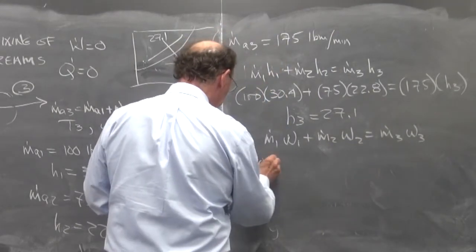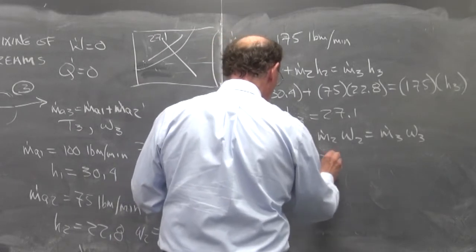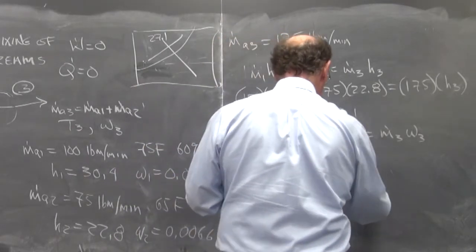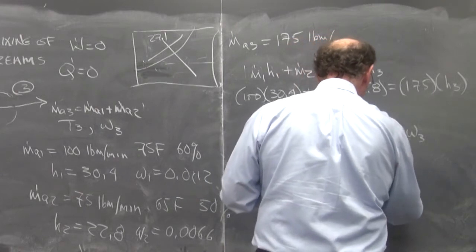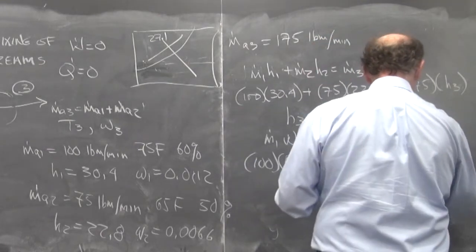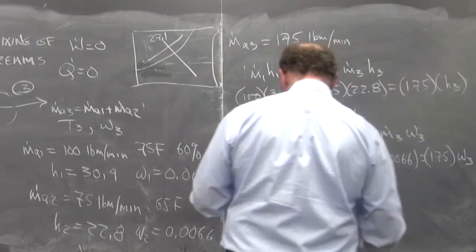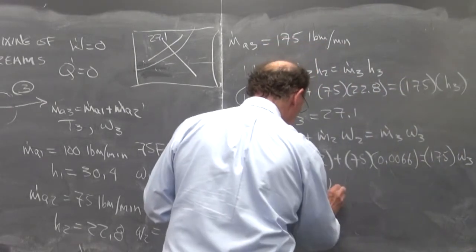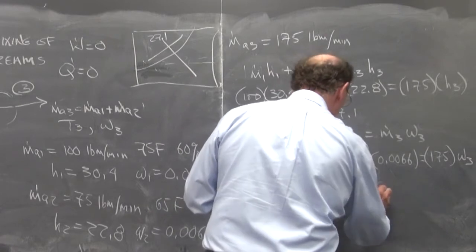So 100 times 0.0112 plus 75 times 0.0066 is equal to 175 times omega 3. And I get that omega 3 is 0.0092.